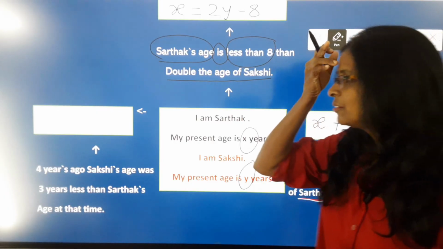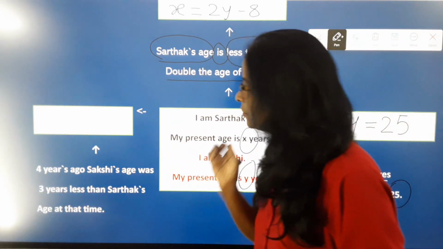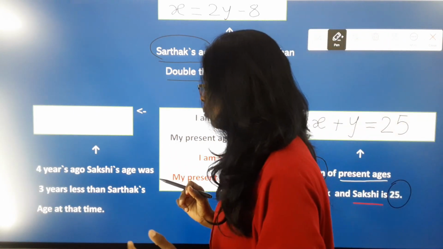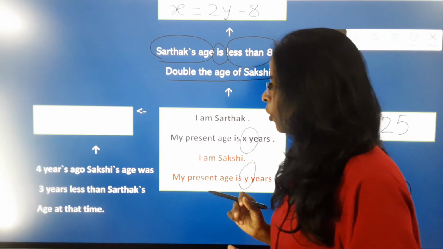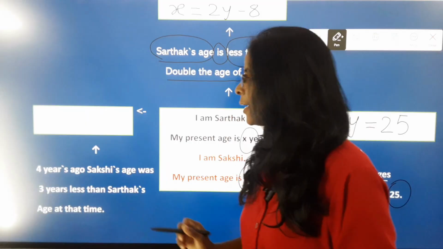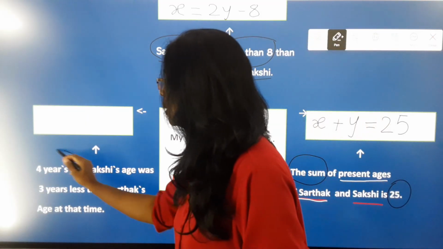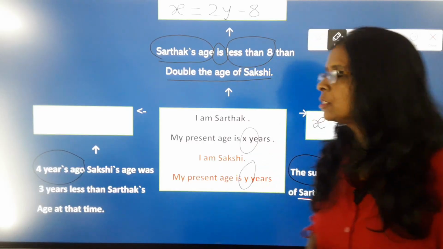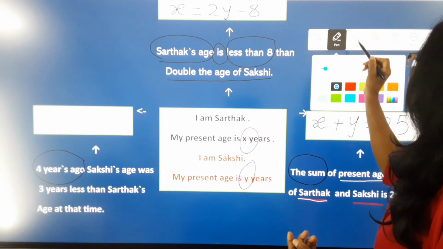Very easy students. Now watch this carefully. 4 years ago, Sakshi's age was 3 years less than Sarthak's age at that time. 4 years ago means what, students? 4 years before.